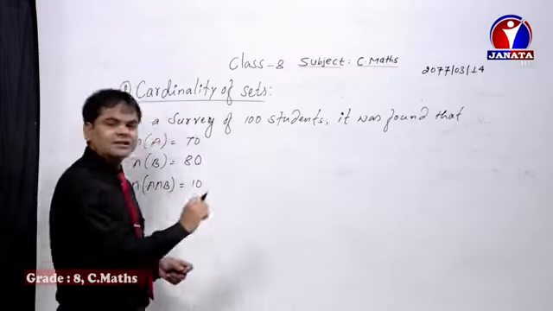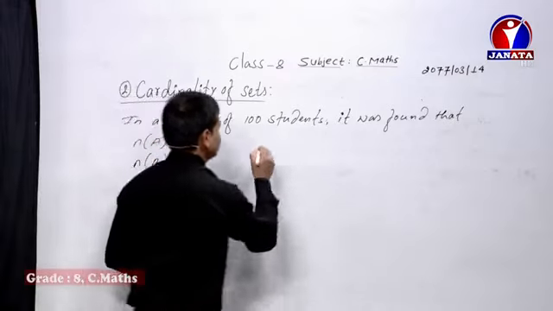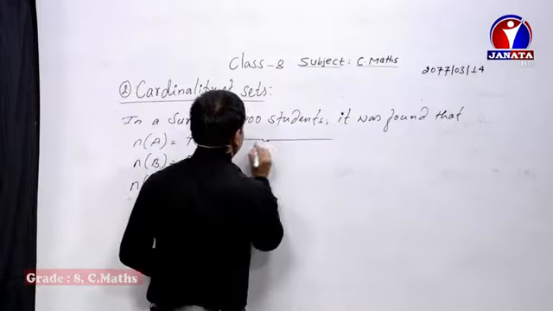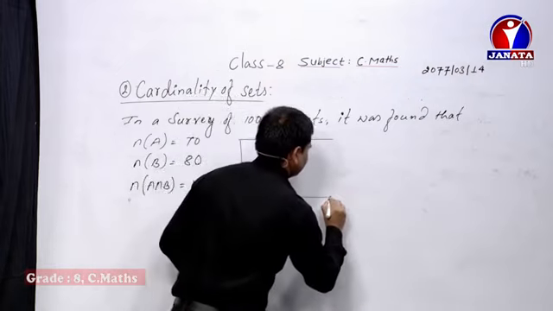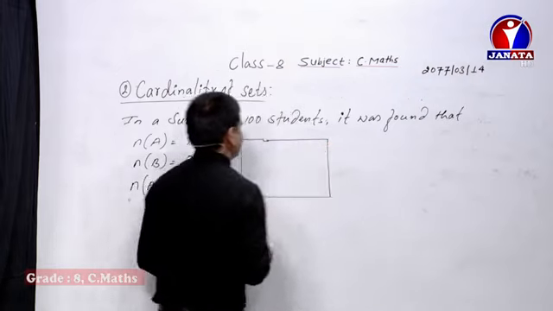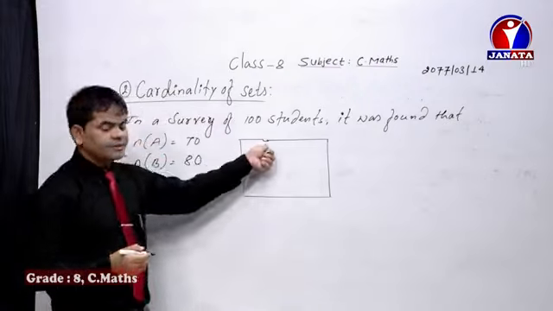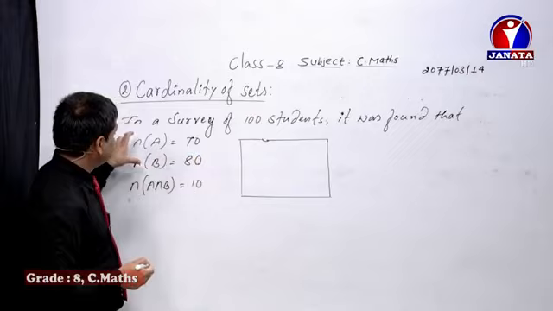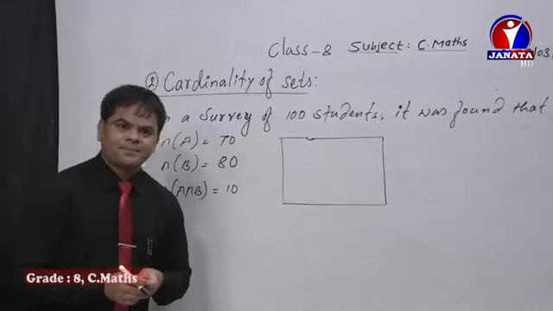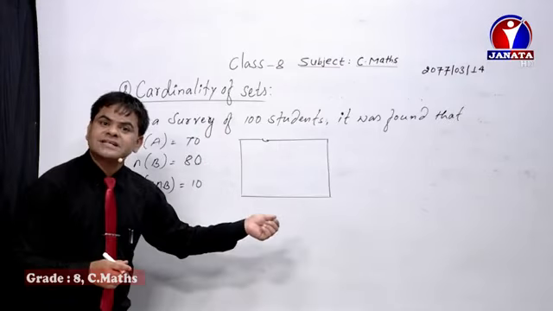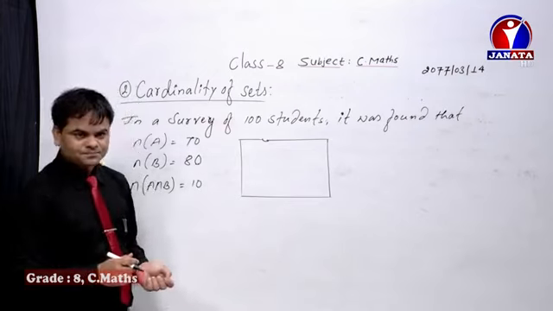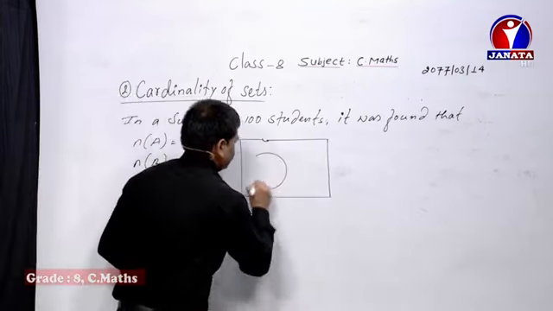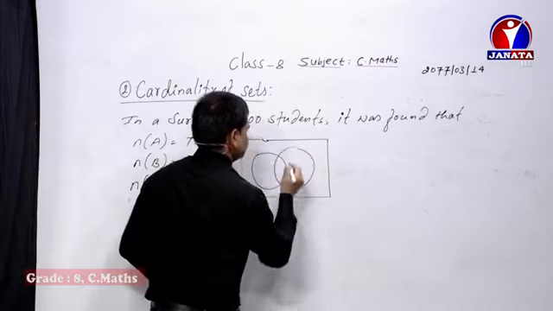We write all these things, and then you need to prepare the Venn diagram. While preparing the Venn diagram, we should not forget to keep the universal set here. Then, as this information is related to 2 subsets, let's prepare 2 circles inside the Venn diagram. This is one set, another is this one set.